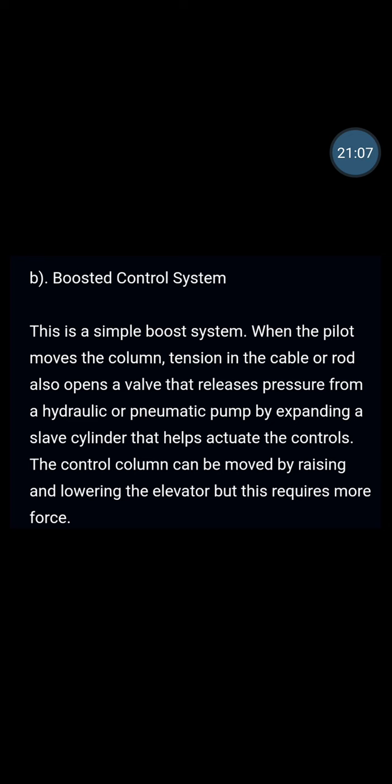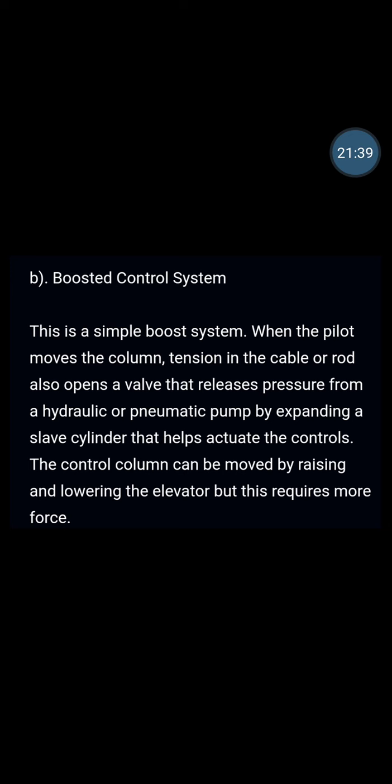B. Powered control system. This is a simple powered system. When the pilot moves the column, tension in the cable or rod also opens a valve that releases pressure from a hydraulic or pneumatic pump by expanding a slave cylinder that helps actuate the controls.